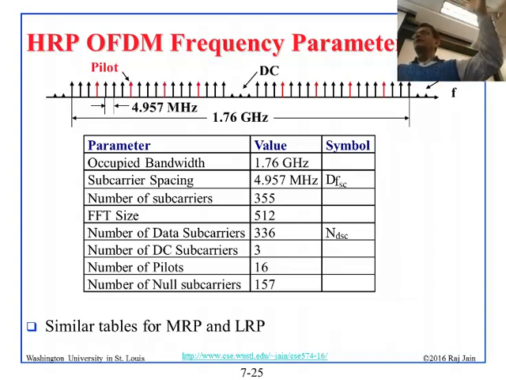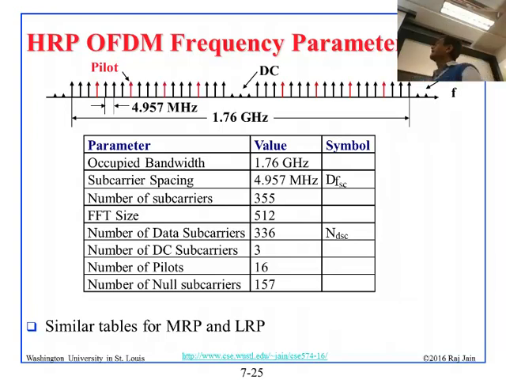So when you do FFT, you have these matrices. You invert and multiply and this and that, right? And this is a matrix which is 512 by 512. Out of them, only 355 columns and rows are being used. The rest of the 157 are zeros, and that's what these null carriers represent.